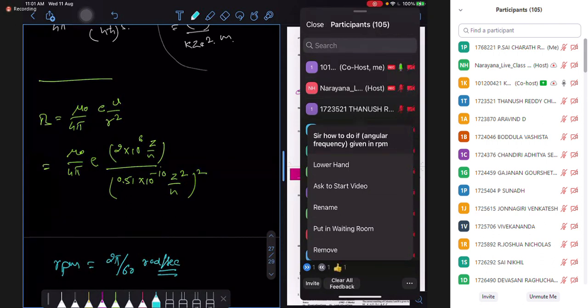So I hope you understand the simple approach here. If you want to remember the formula, you can, but I don't suggest remembering the formula. I suggest that you remember the proportionality sign for R and V. With that little idea, you can solve any problems.